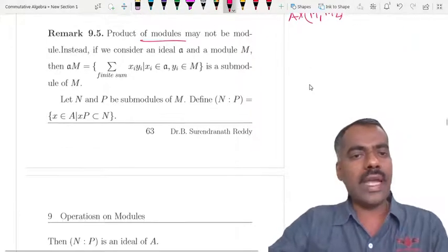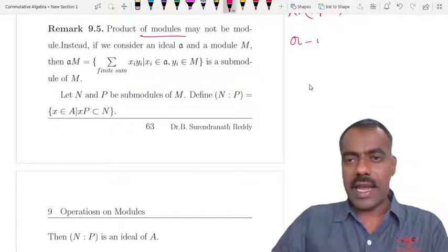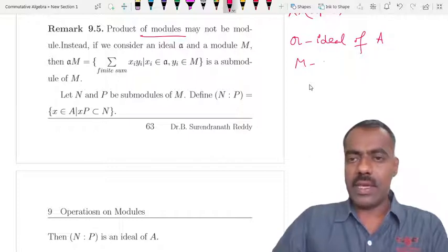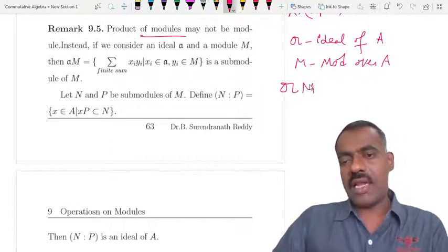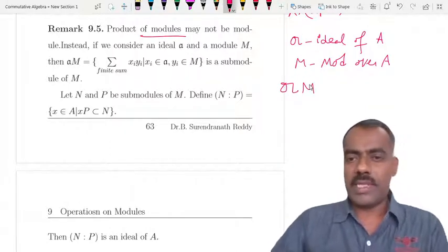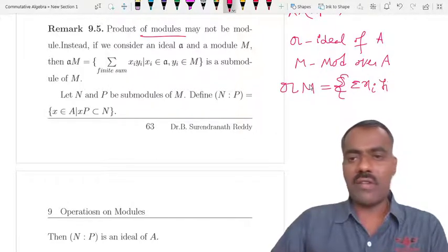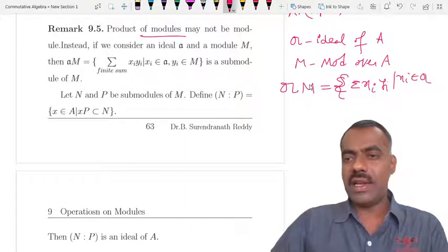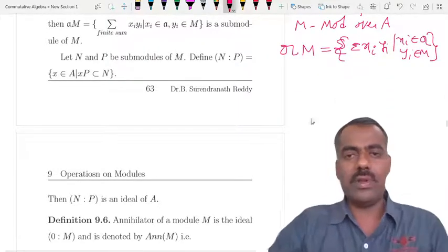But if a is an ideal of a given ring A, and m is a module over A, then we can talk about a times m. This is precisely the summation of xi yi, where xi is in the ideal and yi is in the module m. You can check that this is a submodule of m.